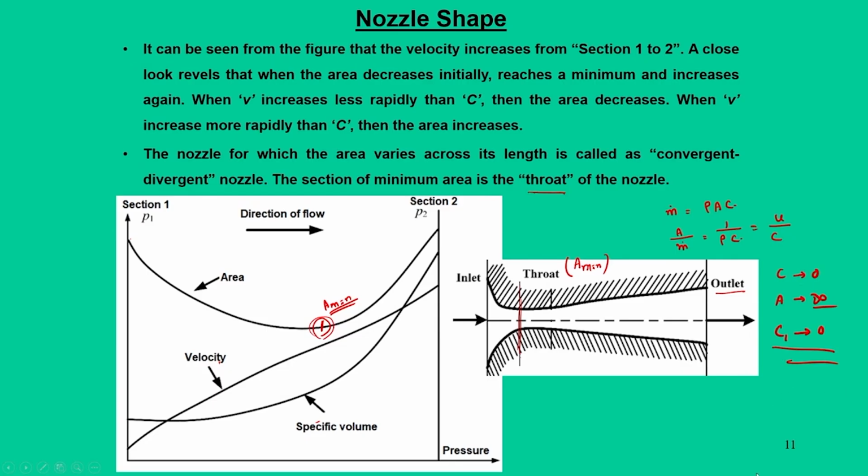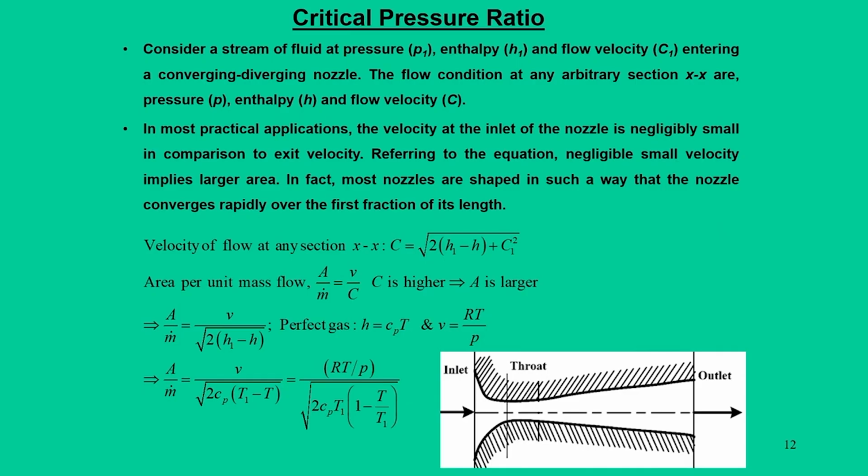So, we get what should be our inlet shape and what should be our outlet shape, and this expression gives you the throat of the nozzle, the minimum area. These mathematical expressions are now sufficient to analyze further and quantify what happens to velocity and other parameters.